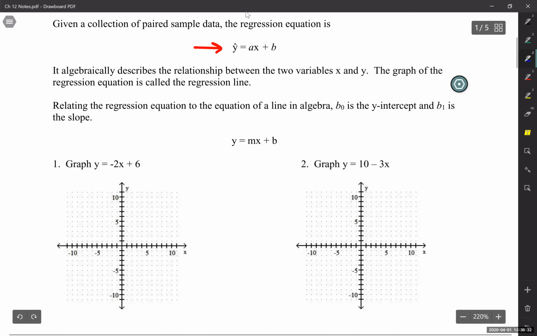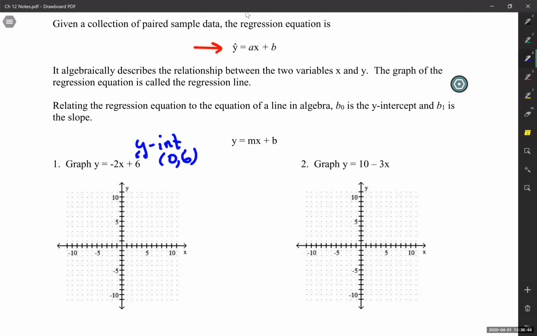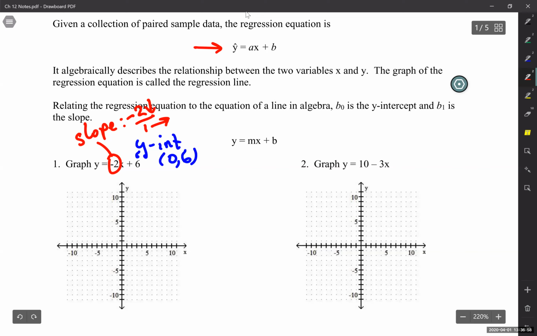Just as a reminder from algebra, we have the y-intercept, the point, in this case (0, 6). And then we have our slope, which is -2. Sometimes people like to write it as a fraction, -2 over 1, because we're going to go down 2 for the negative, and then over 1.